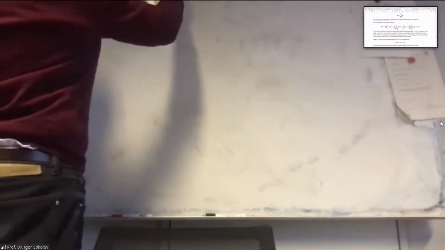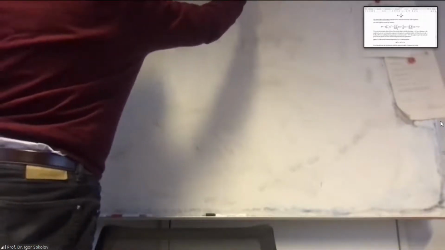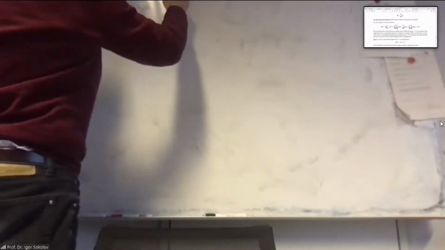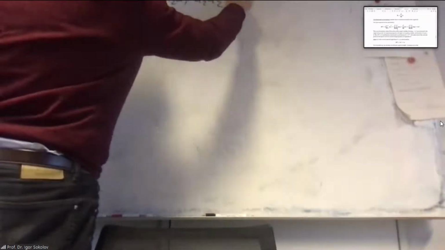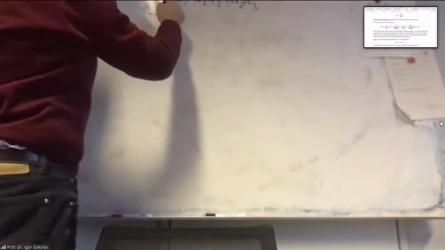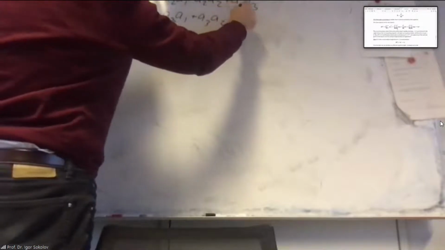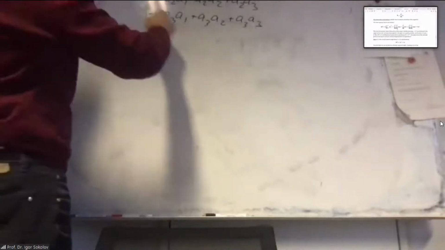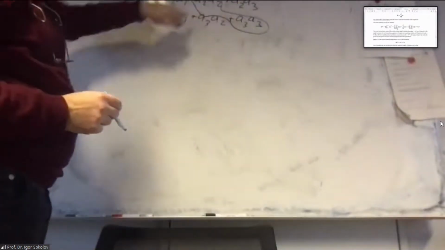So it is A1A1 plus A1A2 plus A1A3 plus A2A1 plus A2A2 plus A2A3 plus A3A1 plus A3A2 plus A3A3. This is exactly what happens if I write it. And now look at this table. It has on its diagonal the products with the same indices, and off diagonal it has the products with different indices.